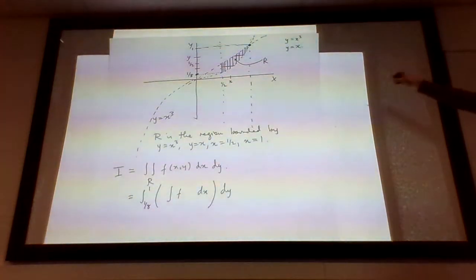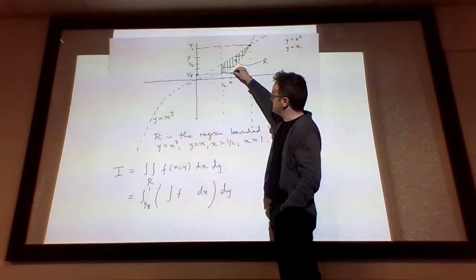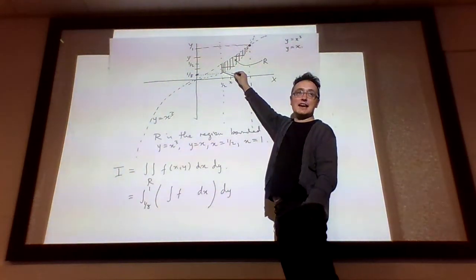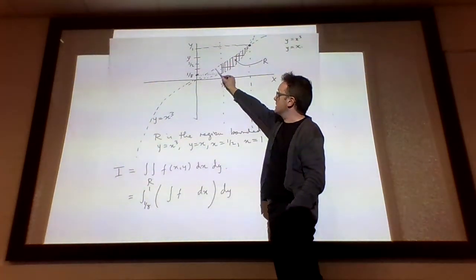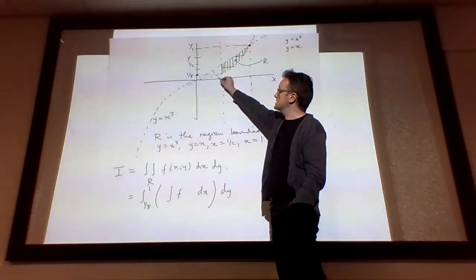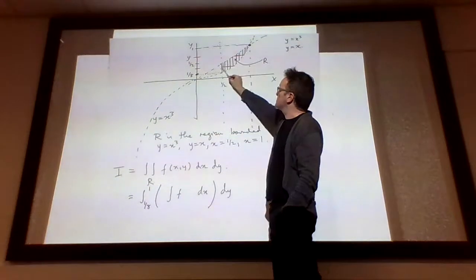It still ends on the curve y equals x cubed, but now it's always starting at x equals a half. We aren't starting over here because this bit over here isn't part of the region. So we actually have two different types of behavior.